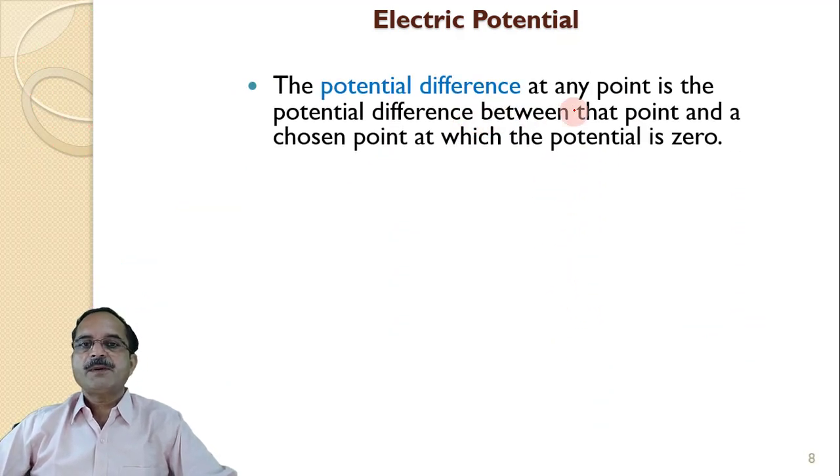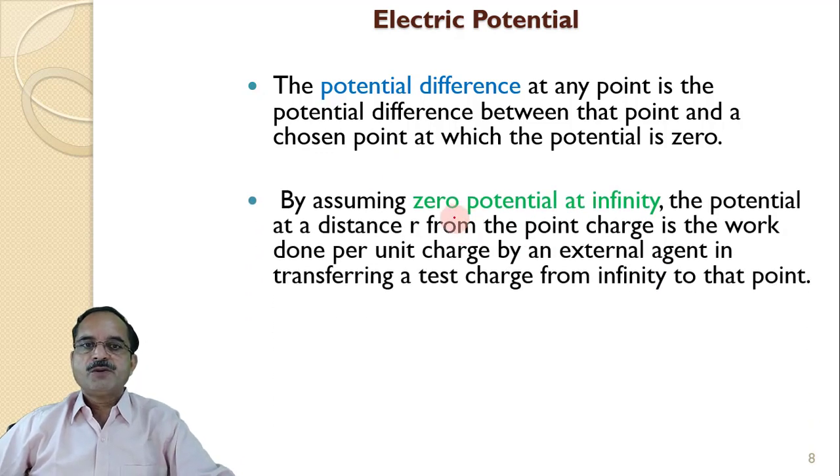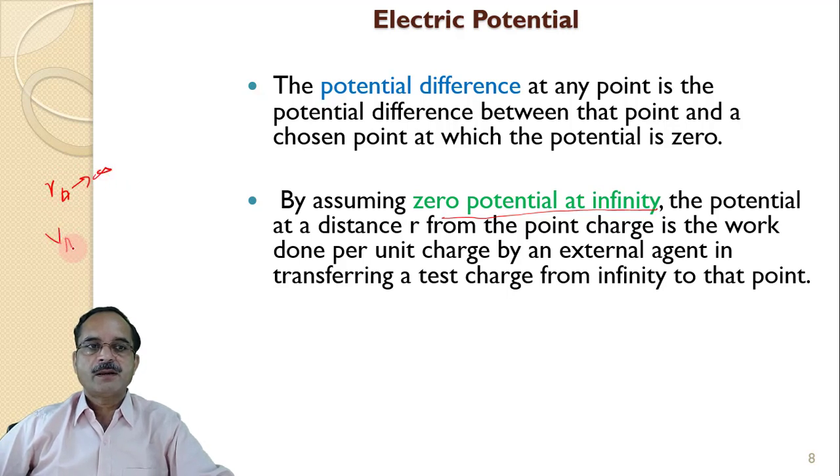The potential at any point is the potential difference between that point and a chosen point at which the potential is 0. By assuming 0 potential at infinity, so in the previous case, as RA tends to infinity, we have assumed that VA is equal to 0. That means the potential at infinity is assumed to be 0.